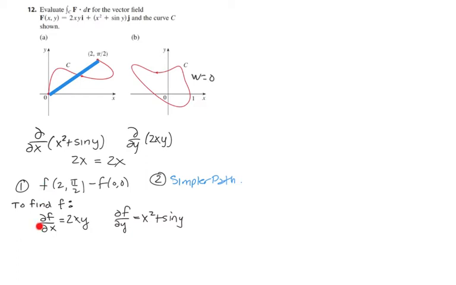If I want to find the potential function, I'm looking for a function little f such that when I take the gradient, I get the vector field. So the partial with respect to x of our little f that we're trying to find has to be 2xy, and the partial with respect to y has to be that side. And so we start with either one of these facts and go backwards.